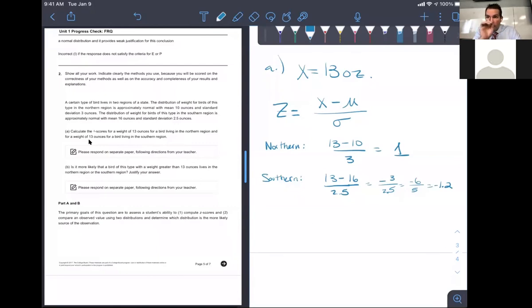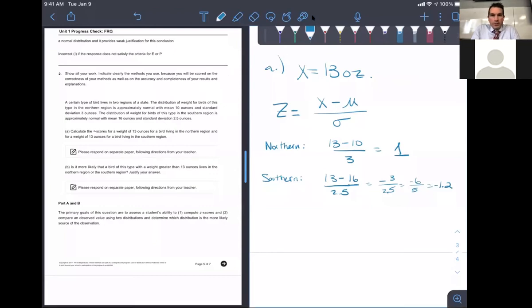Now, which one's further away from the mean, northern or southern, from their individual means? The southern one. And so it's going to be less likely. So one way you could justify this answer is because the z-score is further away, it's going to be less likely than the northern bird.